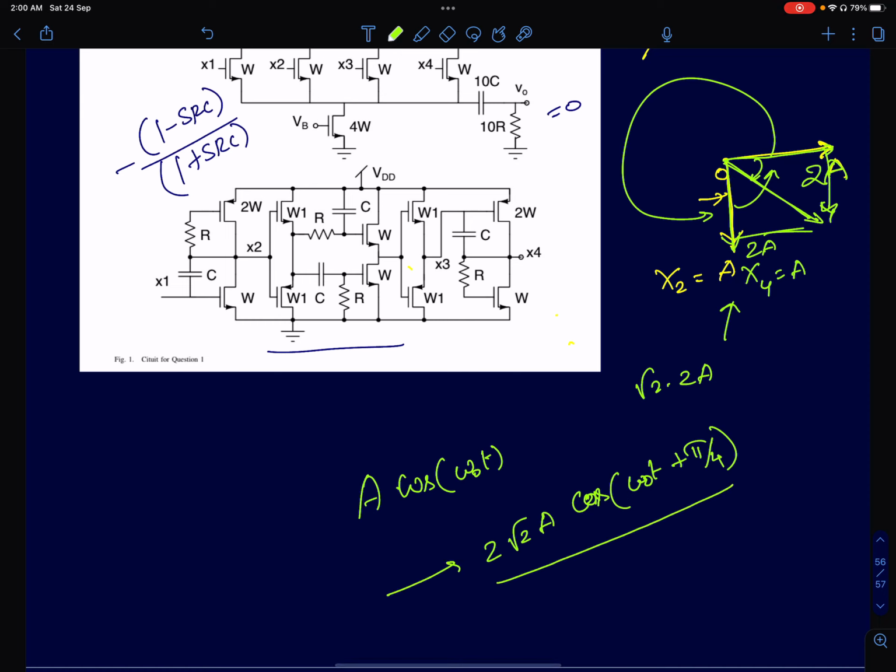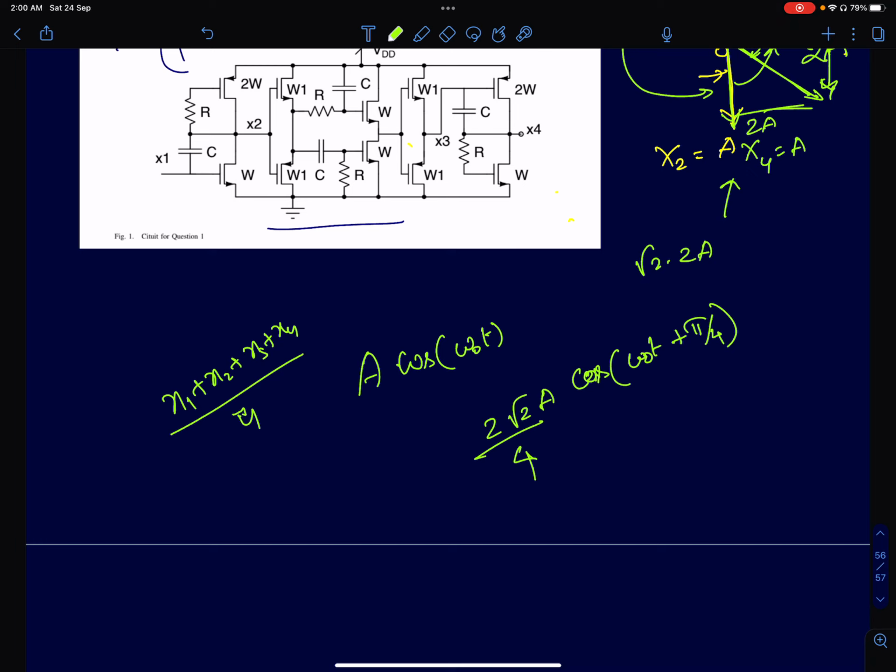This will be the output V01. Sorry, this is the sum of the 4. The output is going to be x1 plus x2 plus x3 plus x4 upon 4, so I have to divide this by 4. When I divide by 4, I get A by root 2 into cos of omega naught t plus pi by 4.